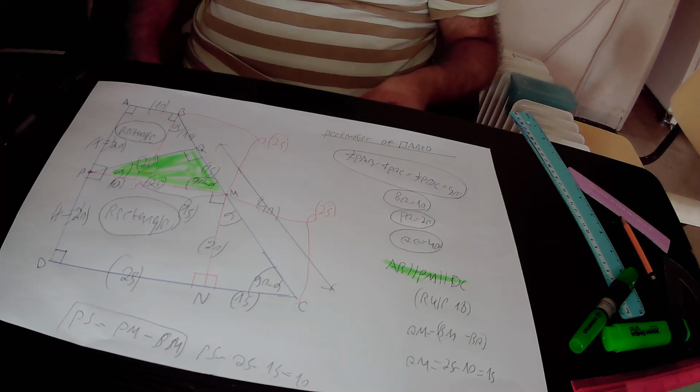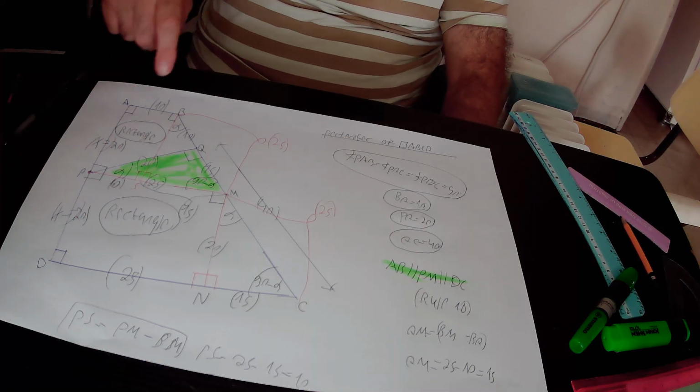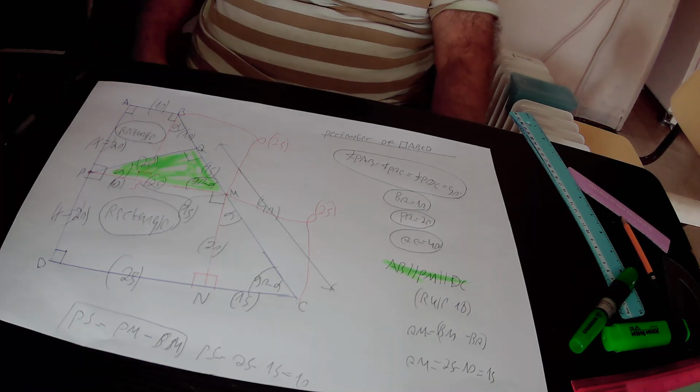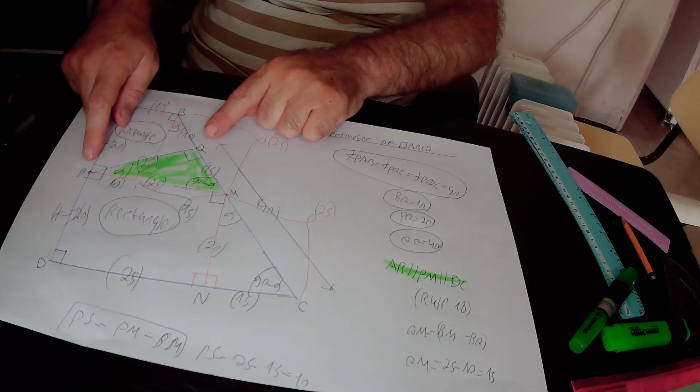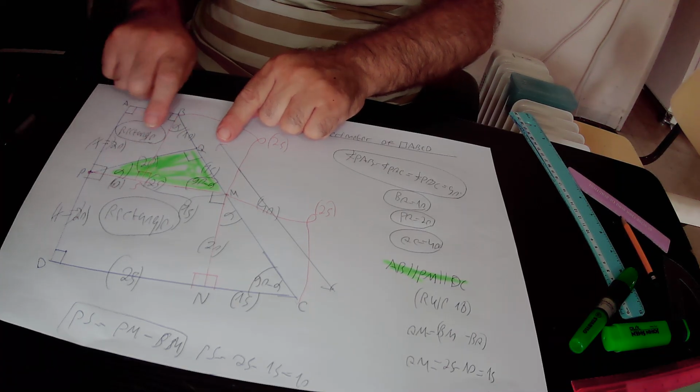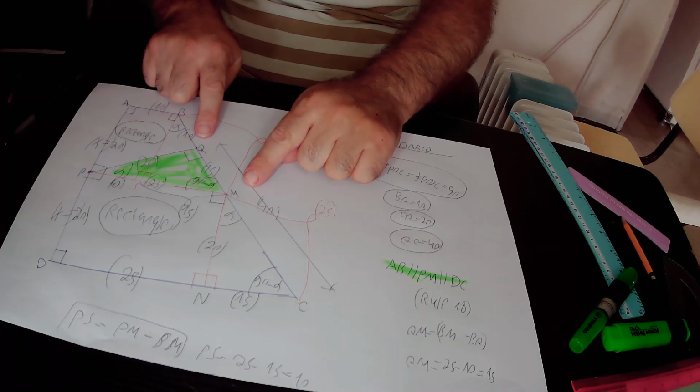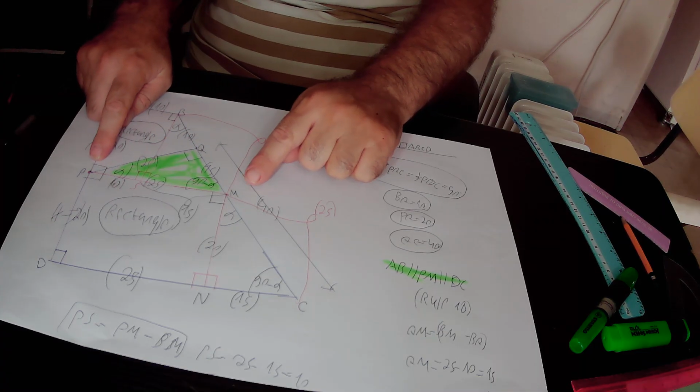In the next step, we implement the Pythagoras theorem on this right triangle PQM. So PQ equals 20 according to what is given in the question. QM, we just found out, equals 15 units in length, and PM, the hypotenuse, is the only missing side.